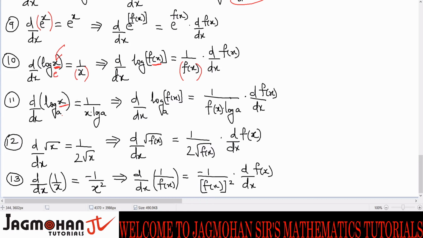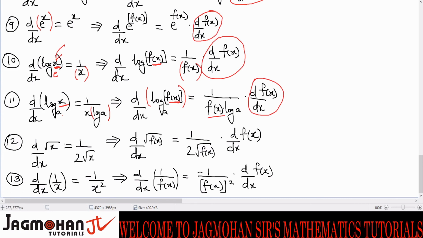Log of x to the base a: the derivative is 1 upon x log a. So we will have d by dx of log f of x to the base a is 1 upon f of x log a into d by dx of f of x. Every single time you have to multiply d by dx of f of x.